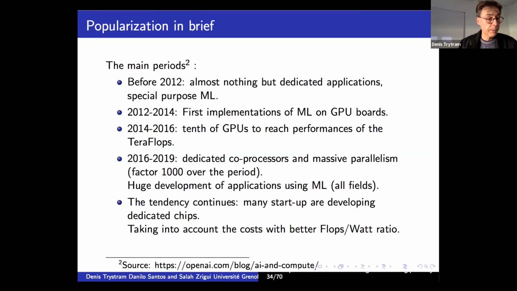So now we have in France the Jean Zay machine with 1,000 of GPUs, for instance. And there is now a huge development of publications using ML in all fields, humanities or art, design, whatever. So everyone is doing machine learning. Just press a button and you have your result.